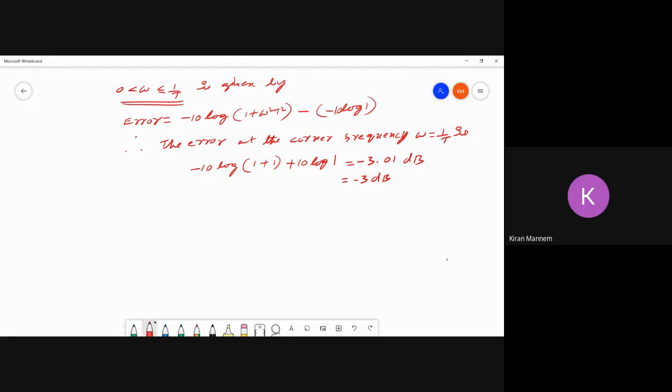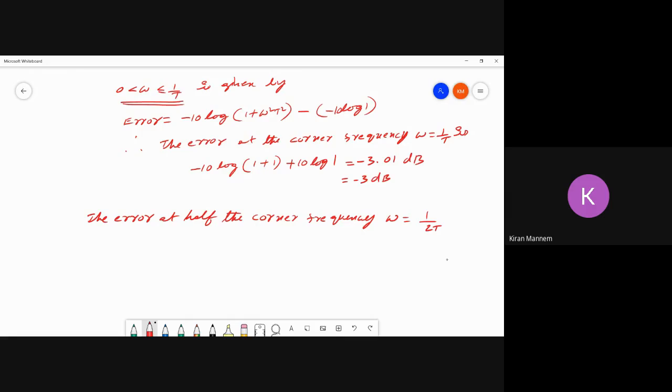One more error, that is, of the corner frequency, at omega equal to 1 by 2t.